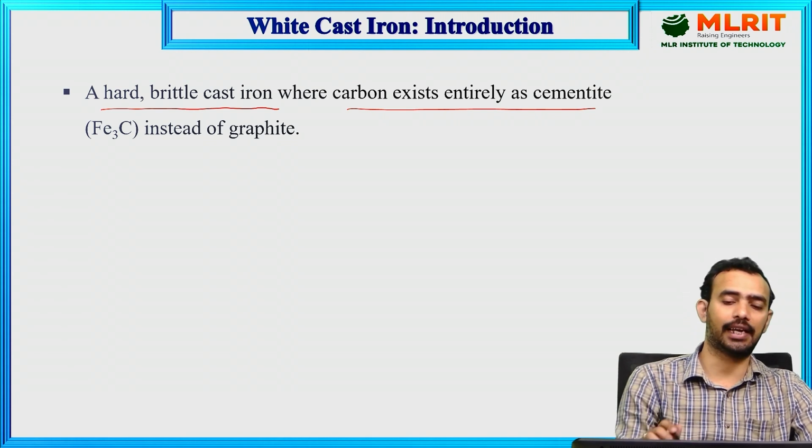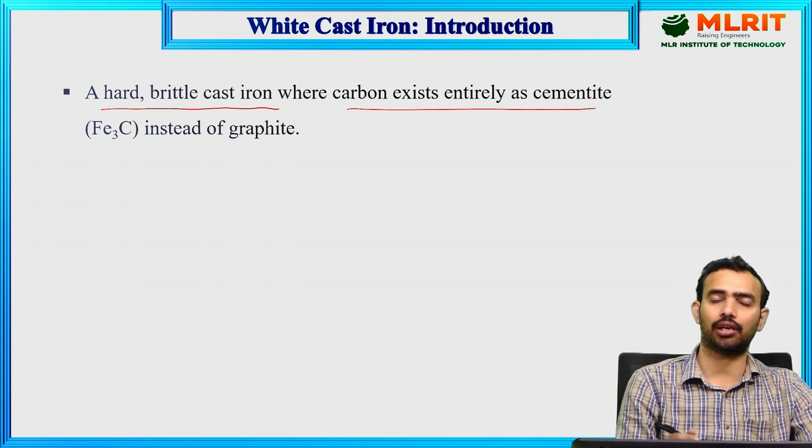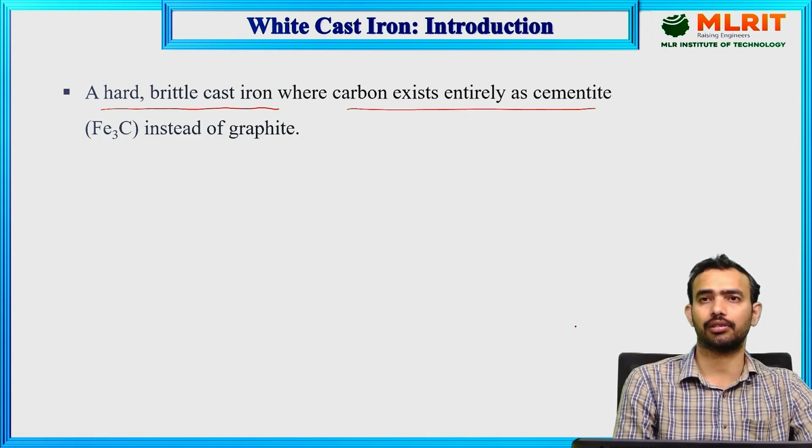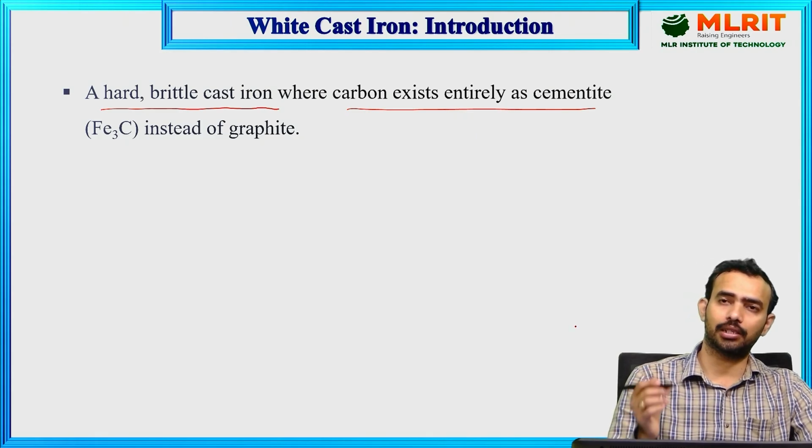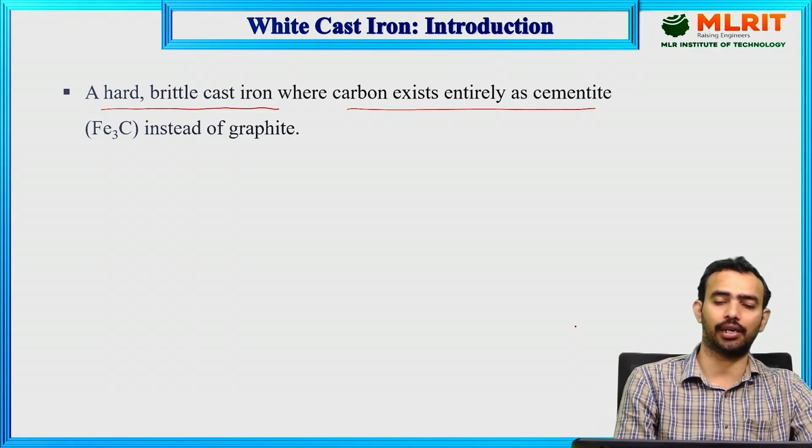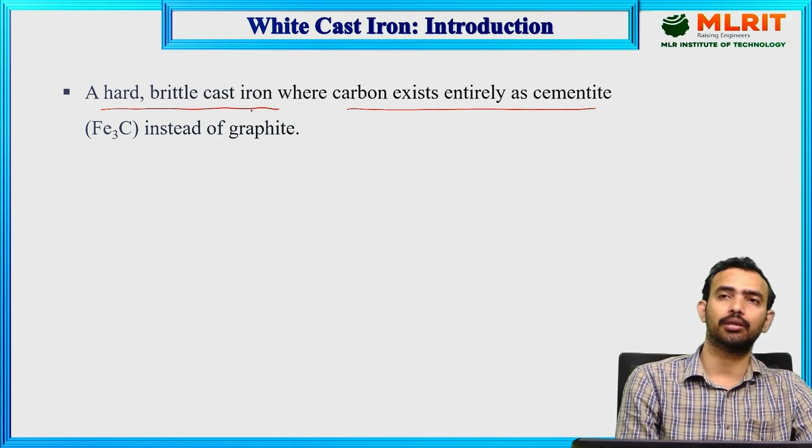But in the white cast iron, we are not allowing that decomposition process, and we are ensuring that cementite remains in the material as such. Cementite is very hard in its nature and it is also brittle in its nature.